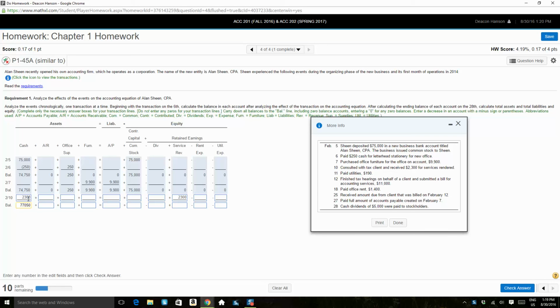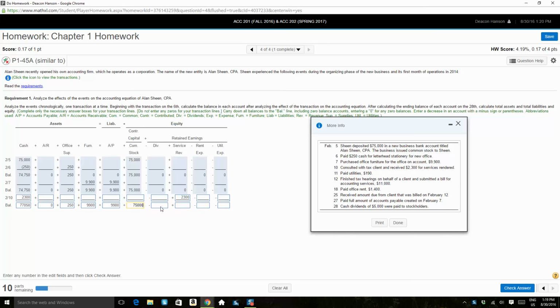No balance in receivables. Office supplies are still 250. 9,900 in furniture. 9,900 in payables. Common stock did not change. No dividends were issued.